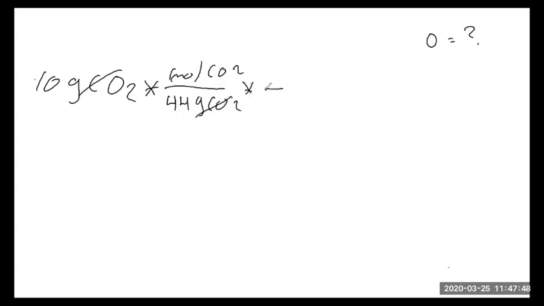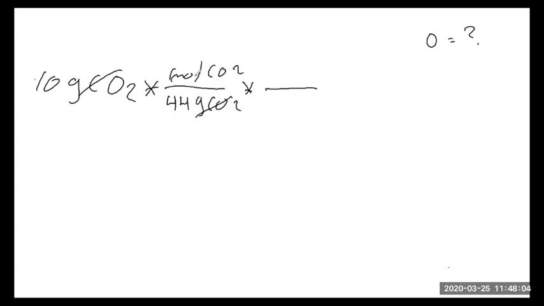Now right now we have a mole. They are asking for number. So what you have to do? You will use the second factor. When they give you mass and they are asking for number, or vice versa, they give you a number and ask for a mass, you have to use both factors. Don't forget that.